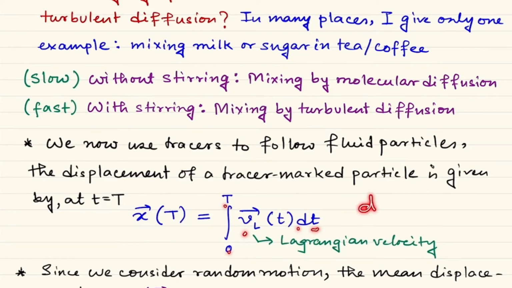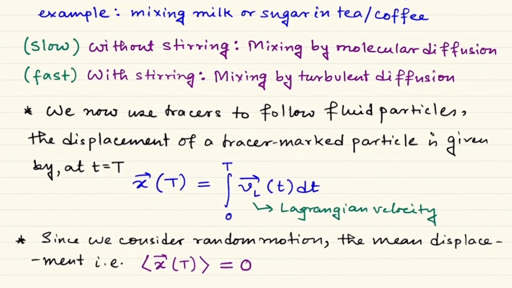That is because simply dx/dt is nothing but V_L. Then you just integrate to get x. As simple as that. Exactly as we track Newtonian particles, here we are doing the same thing for Lagrangian particles or fluid particles.